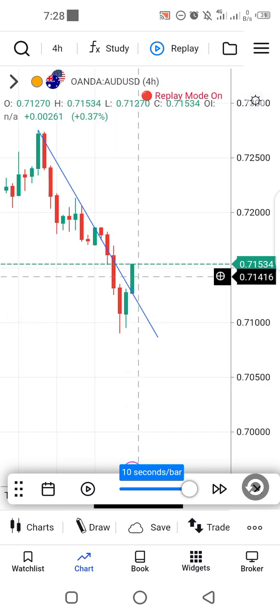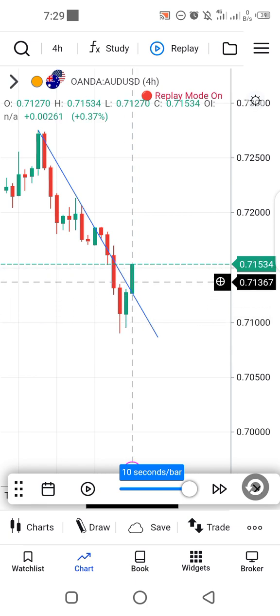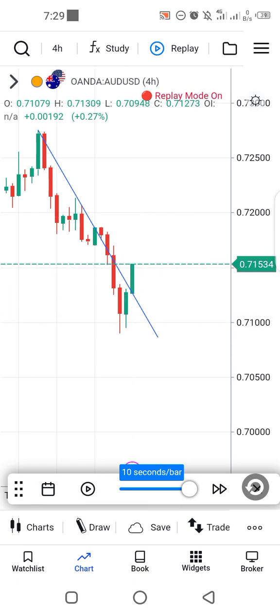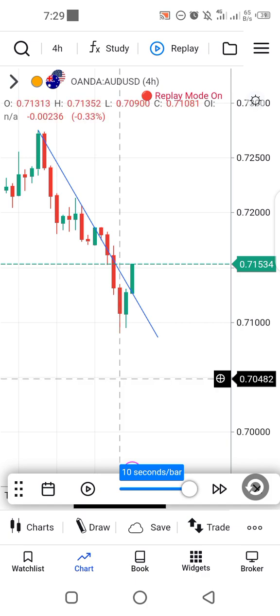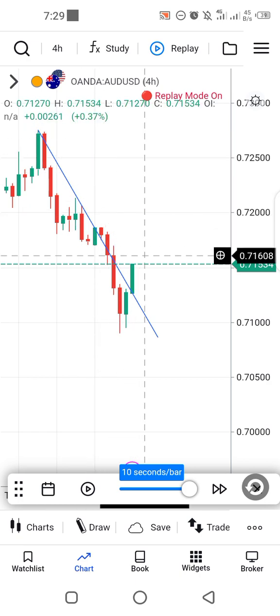Then the trend line got broken. You can see here this candle opened from here and broke the trend line. Now this is what I will do. Our second trade is still open, right? I'm going to trail my stop loss to this place here.